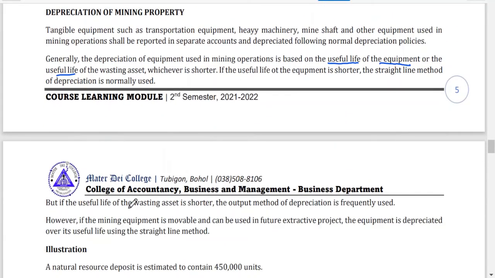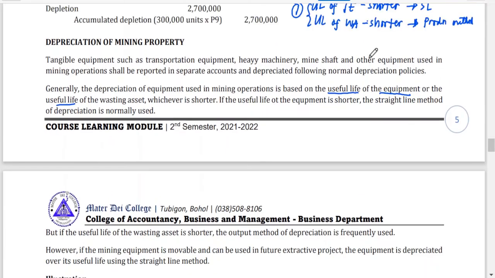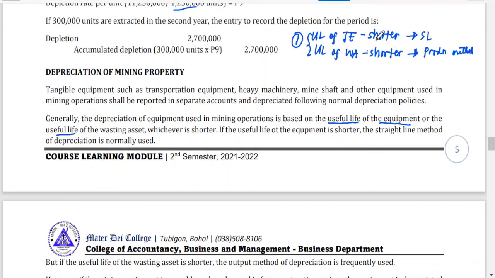Okay, again, if the useful life of the tangible equipment is shorter, the depreciation is straight line method. But if the useful life of the wasting asset is shorter, you're going to pattern the manner of depreciating the tangible equipment based on the manner of computing the depletion of the wasting asset.